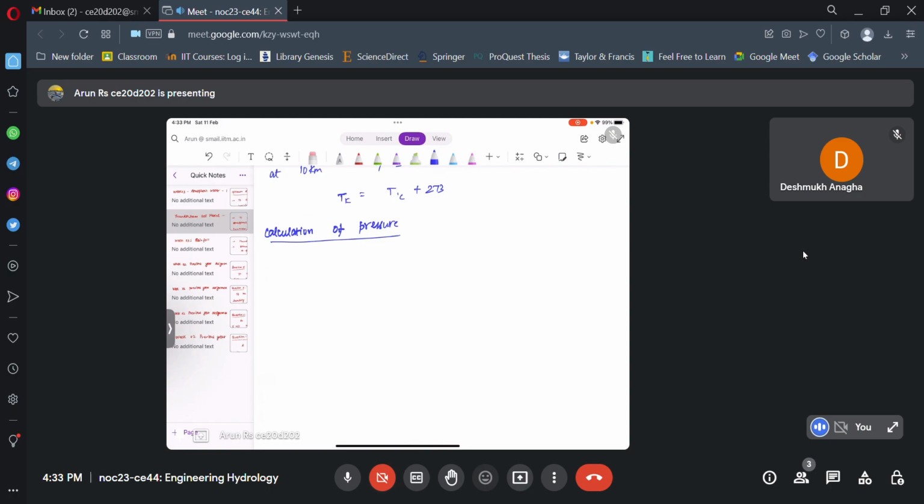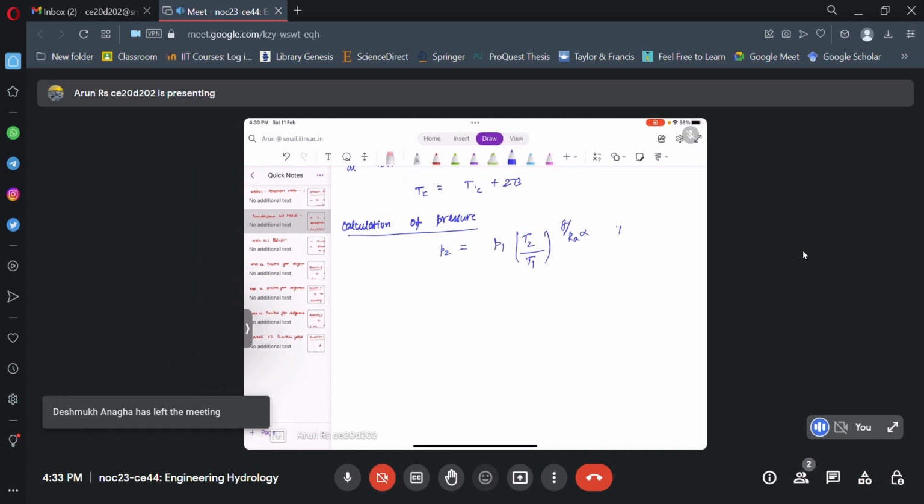For different elevation, we have the expression: pressure at any second level is equal to pressure at the first level multiplied by temperature at the second level by temperature at the first level raised to the power g divided by Ra into alpha. Here temperature is in Kelvin and alpha is in degree centigrade per meters, and it's not in kilometers.